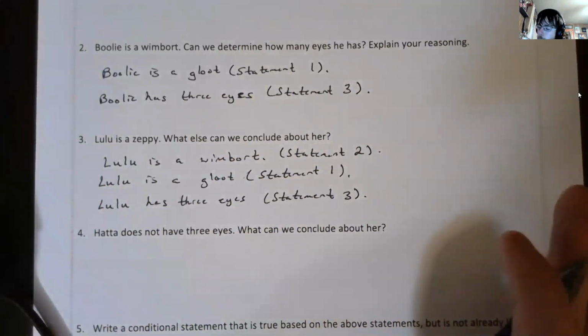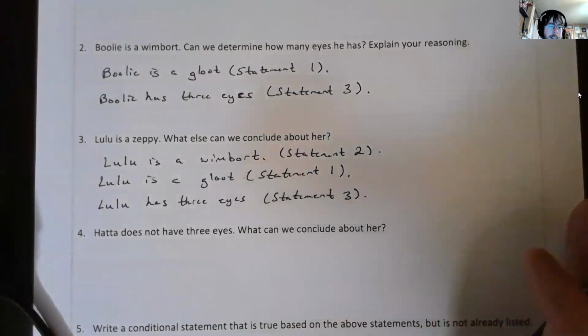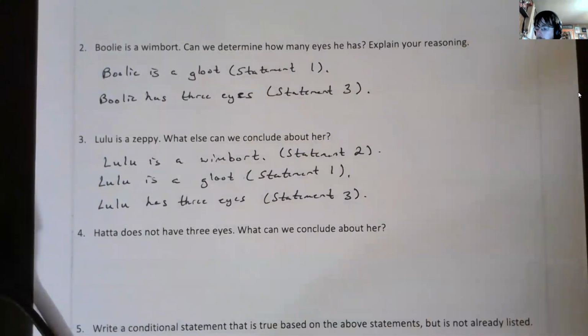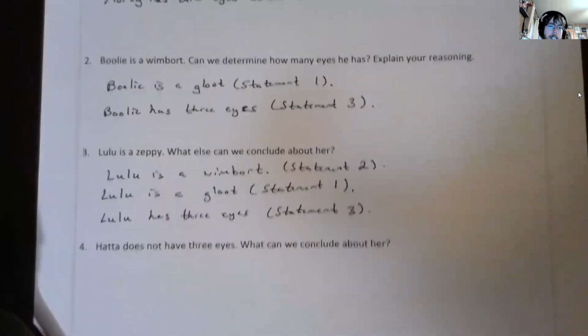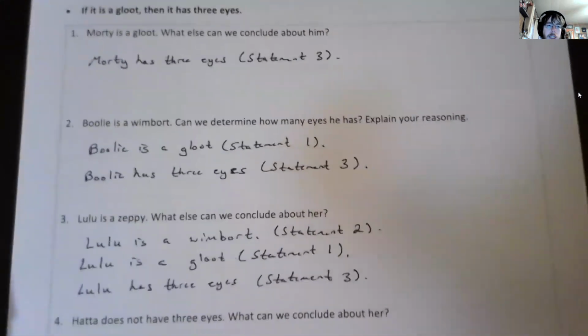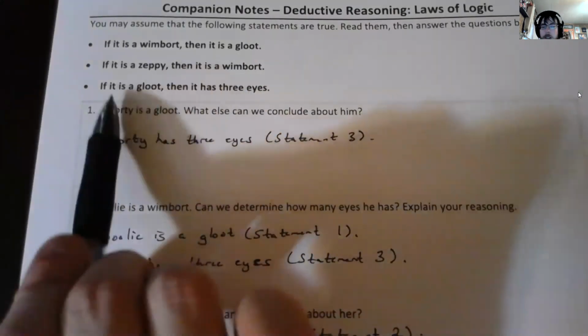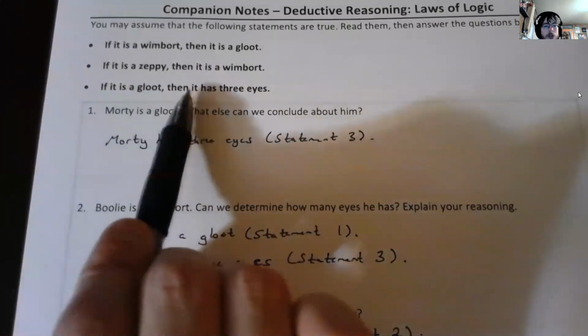All right, number 4. It says Hatta does not have 3 eyes. What can we conclude about her? Well, she does not have 3 eyes. Is there anything that mentions something about 3 eyes? Well, this third statement does. If it is a glute, then it has 3 eyes.